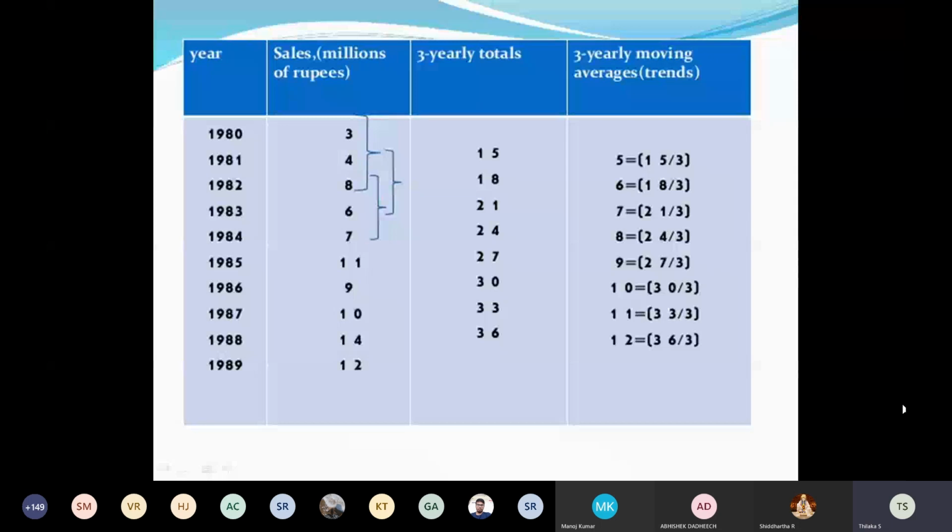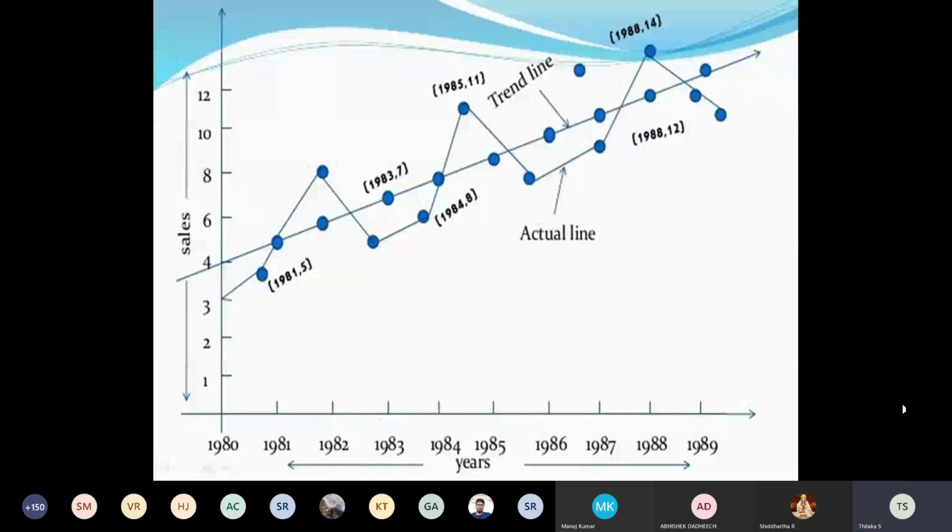Leave 1980, and plot the point 5 in the year 1981. Likewise, in the year 1982, the point 6 has to be plotted. Likewise, 1983 is 7, then 8, 9. We plotted the points on the concerned years till 1988, and we joined the dots.